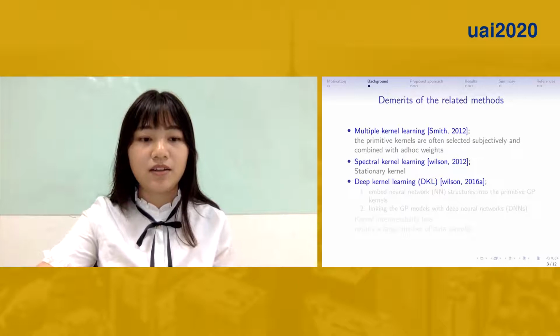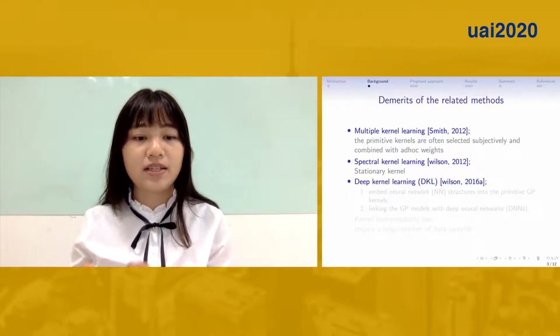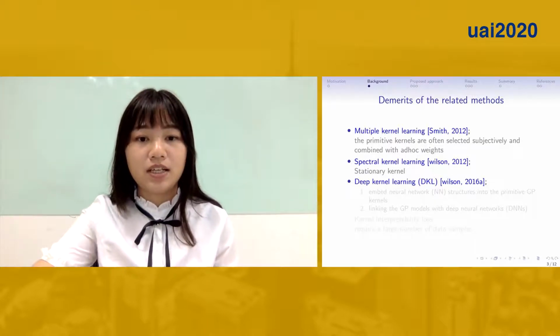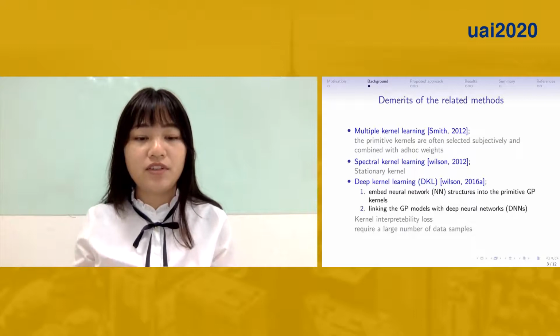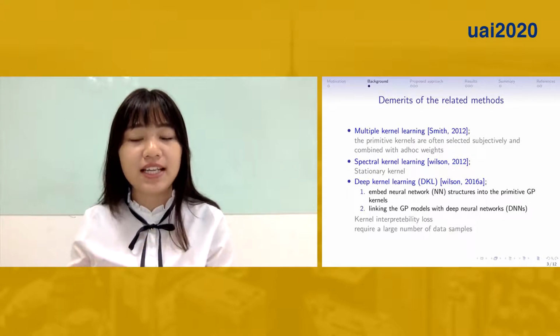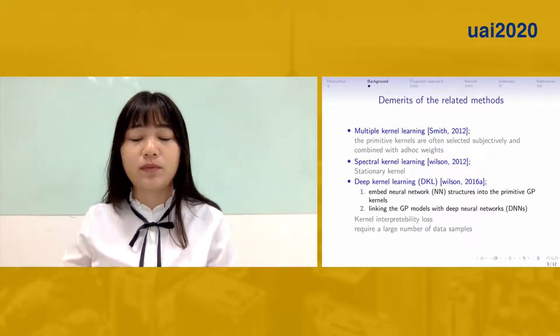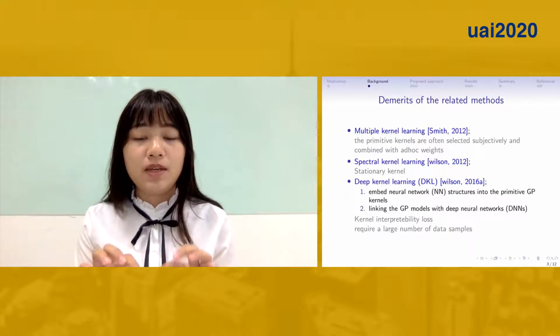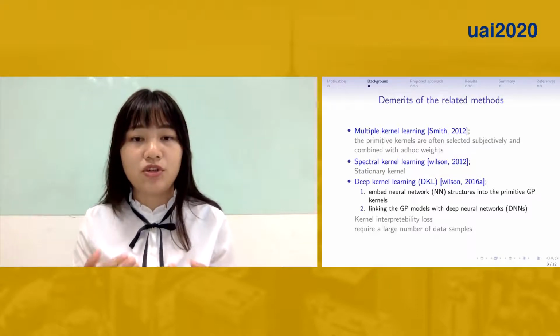And now the famous one, deep kernel learning, like Wilson 2016. We can further divide it into two classes. The first one directly embeds the neural networks into the primitive GP kernels. Another one mimics the learning dynamics of the neural networks by the GP models.